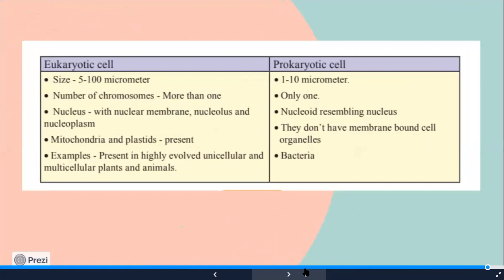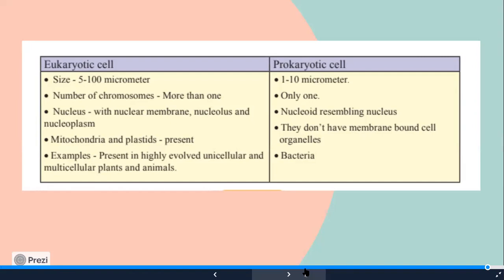Eukaryotic cell has more than one chromosome, whereas prokaryotic cell has only one chromosome. Now, eukaryotic cell has a structured nucleus and a well-defined cell, whereas a prokaryotic cell does not have that. So it has something that resembles a nucleus, and it's not exactly a nucleus.